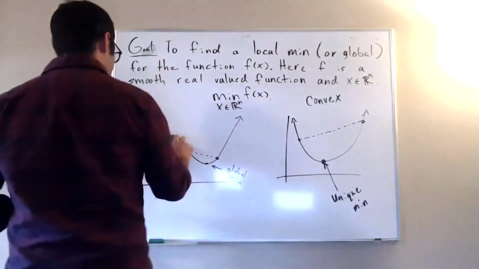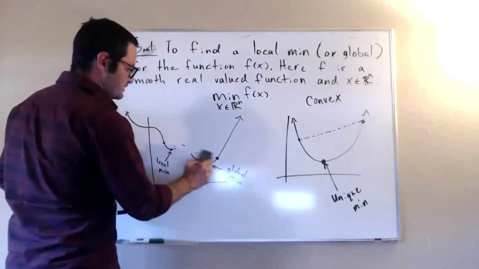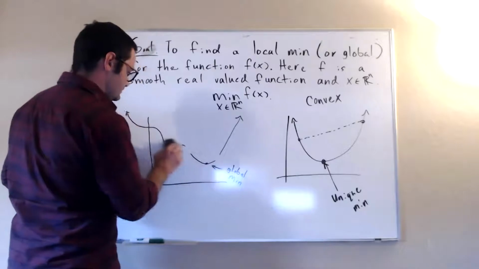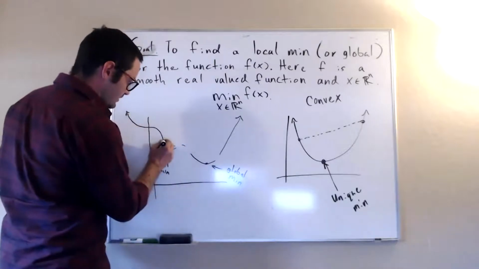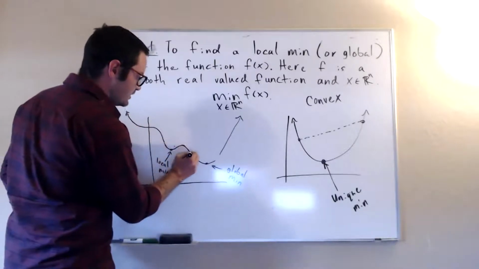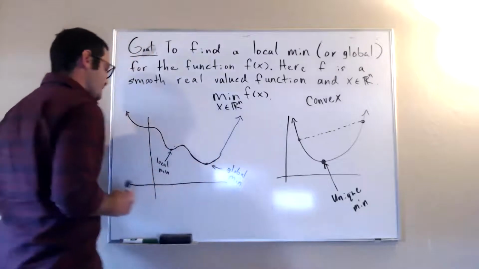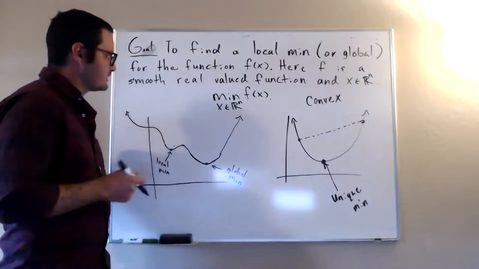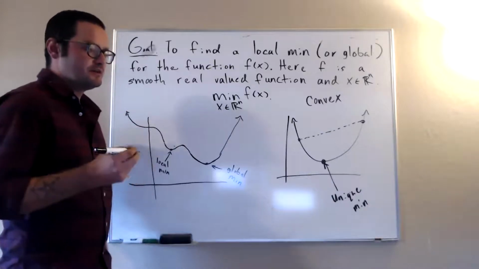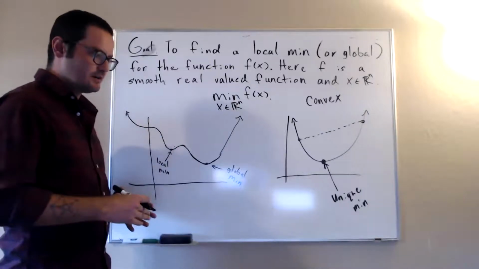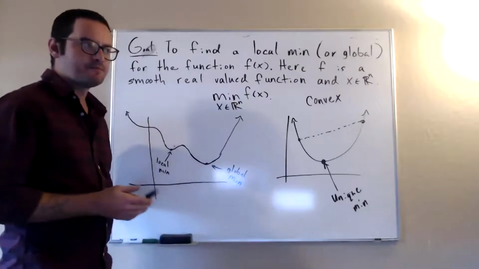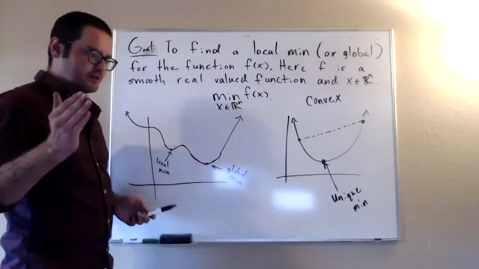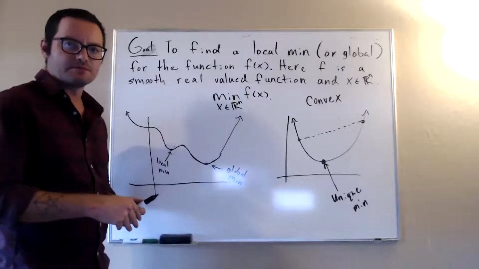Okay, so how can we find these extrema, these local and global minimums? Well, the easiest way to imagine it is if you're standing on, suppose you're on a mountaintop in a mountain range, and it's pitch black, and you're trying to figure out how to get to the bottom.